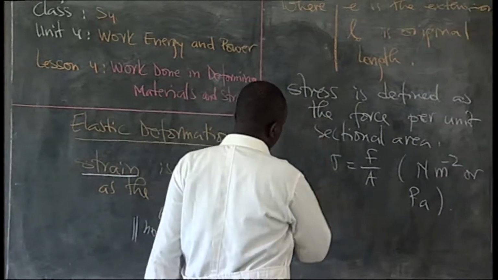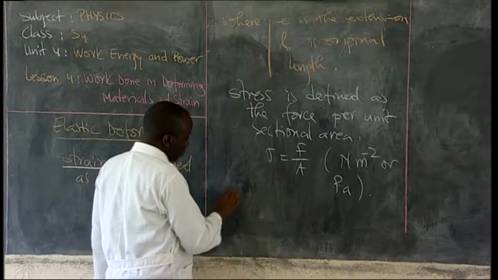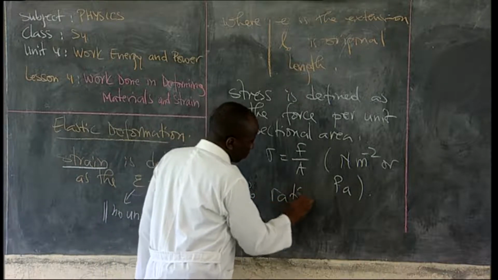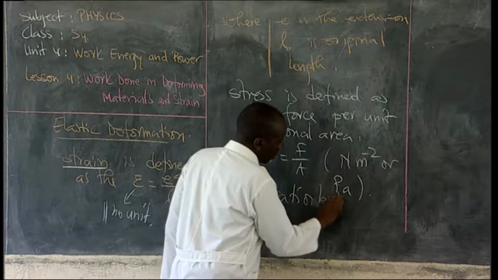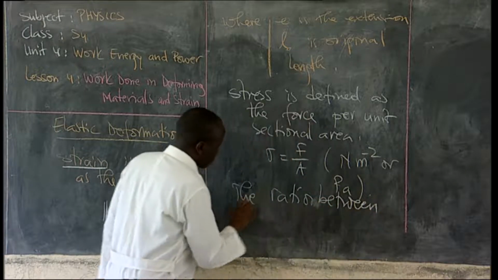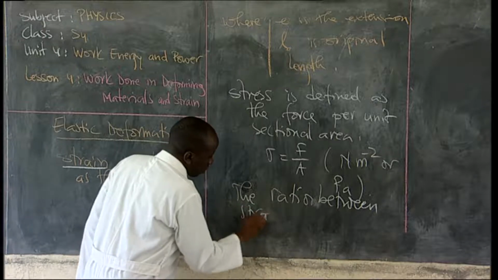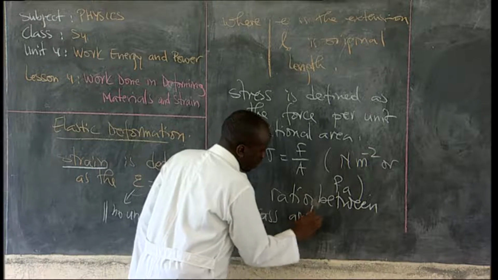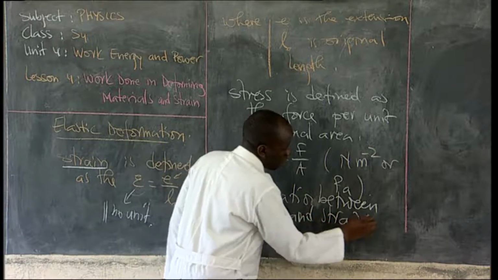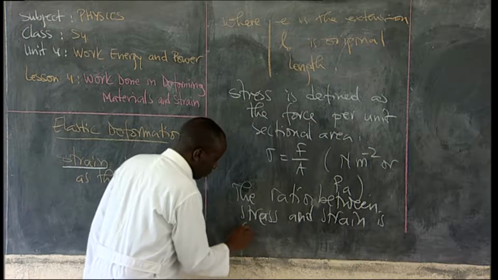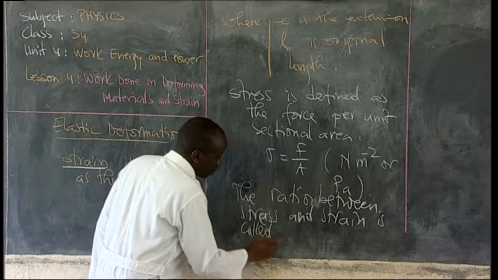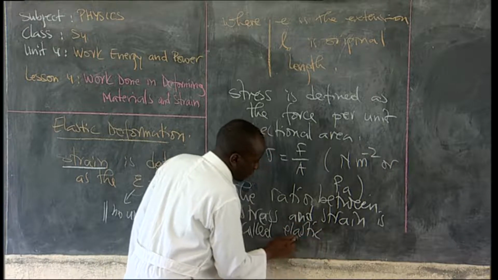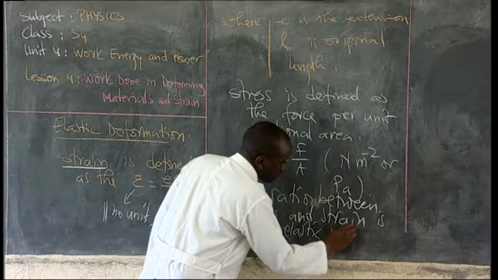And here we find the ratio between stress and strain, and this is called the elastic modulus.